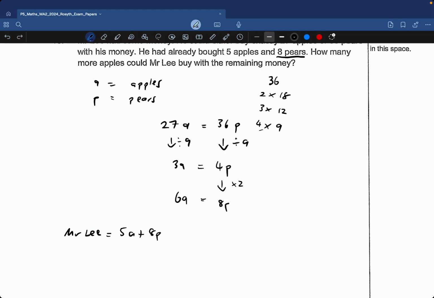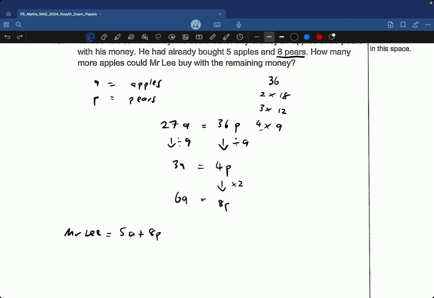So in a way, you can think of it as Mr. Lee has 27 Apple dollars, right? And now he bought 5 Apple dollars and 8 pear dollars. So how much can he, in a way, buy more of, right? With 8 pears, this is not dollars, but okay.